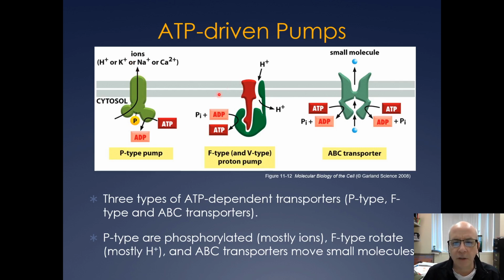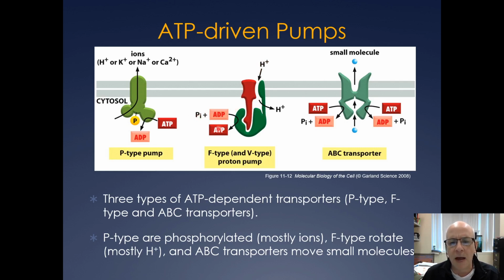You also have the F-type, and this is basically the pump that's used to generate ATP, and we'll see this when we cover oxidative phosphorylation. In the inner mitochondrial membrane, the level of protons is quite high, and they flow down, and as they do, you have a little rotor there that converts ADP and inorganic phosphate to ATP.